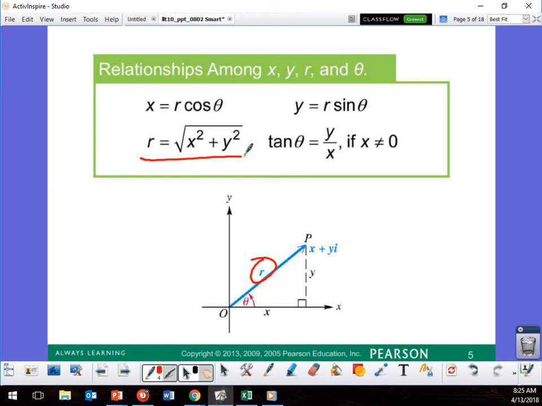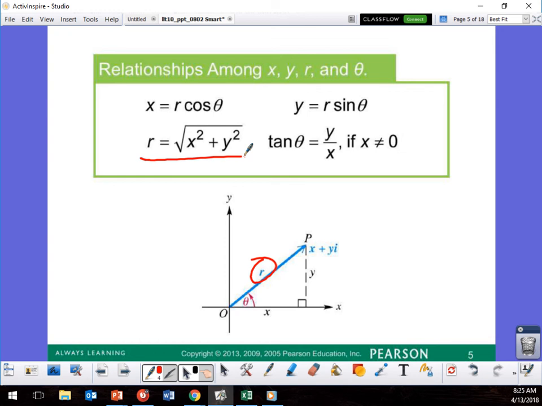Now, to get my direction for my x, x is going to be equal to whatever my radius is times cosine of theta. Now, remember, cosine is the real value, and sine is the imaginary value. So it's going to be my imaginary portion here.